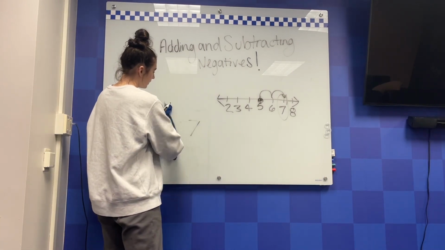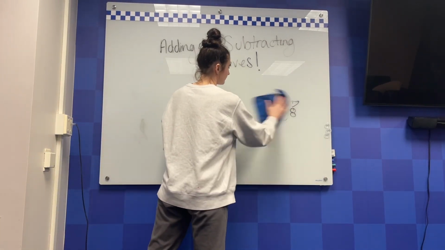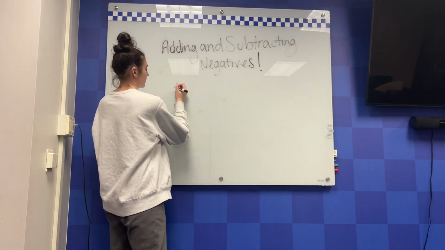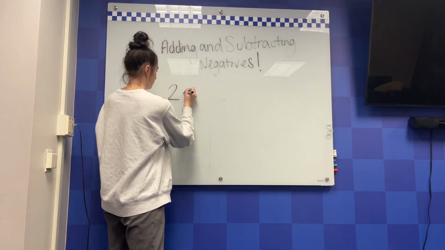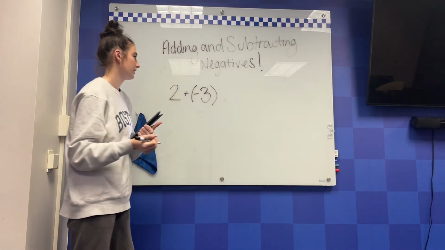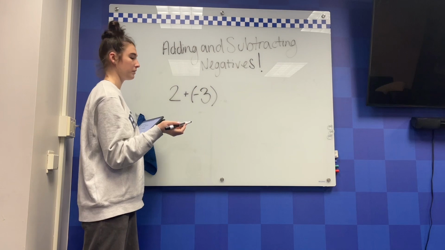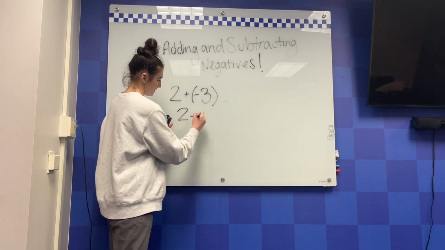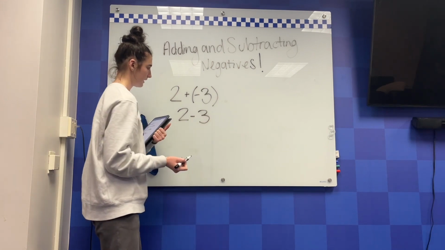And now let's try new numbers. 2 plus negative 3. So we all know the rule, so what's the new equation going to be? Right. 2 minus 3.